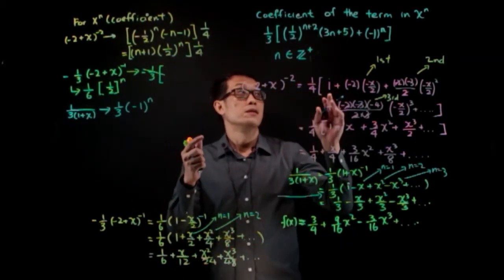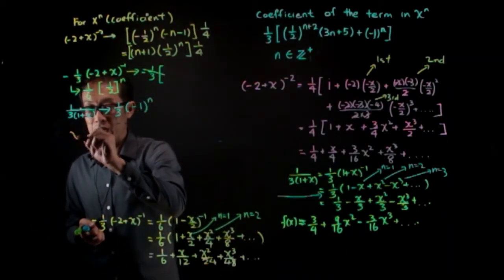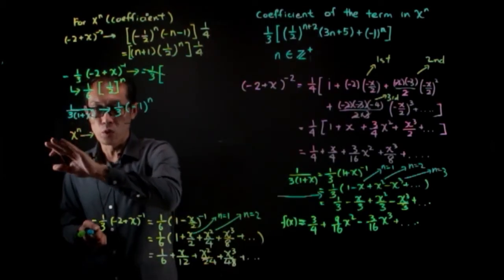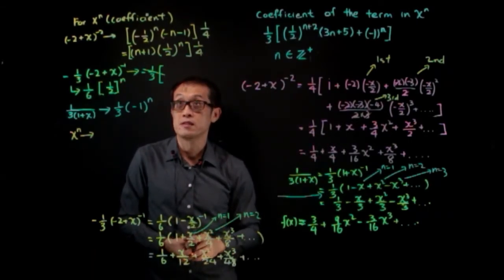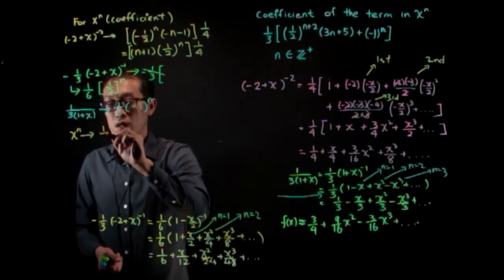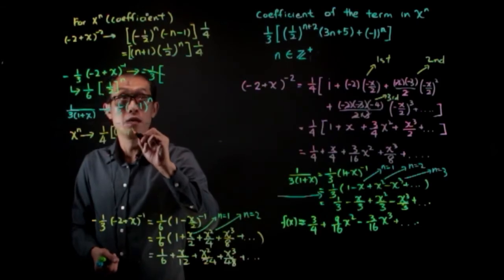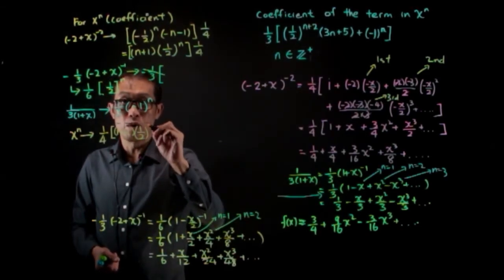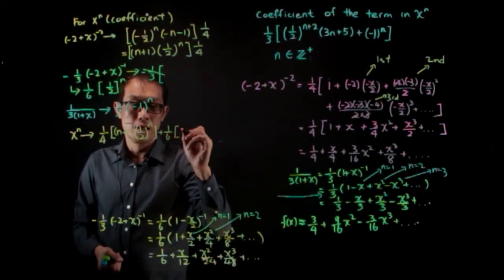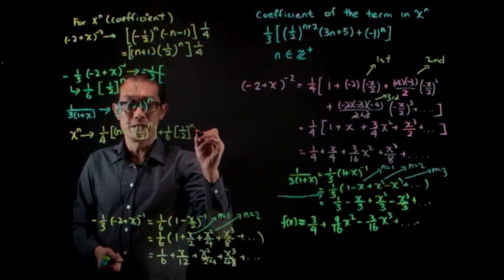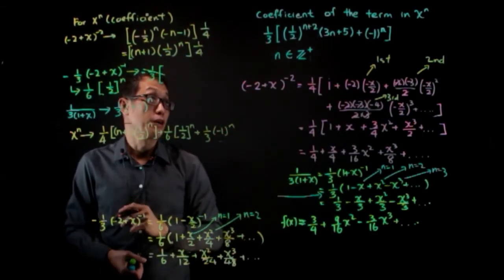So the coefficient of x to the power n for the expression of f of x can be rewritten as 1/4 into n plus 1 half to the power of n plus 1/6 half to the power of n plus 1/3 minus 1 to the power of n.